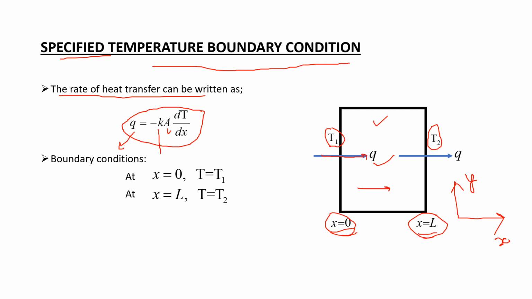If we want the temperature profile, we can put these two boundary conditions, equation 1 and equation 2, in Fourier's law and we will get the temperature profile. So this is all about the specified temperature boundary condition. I hope this is clear. Now let's move on to the next slide.